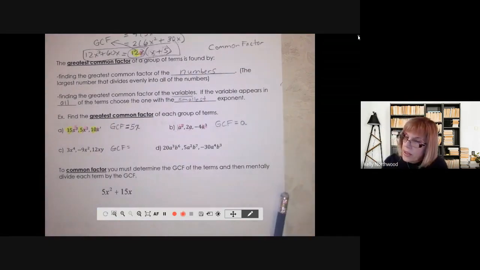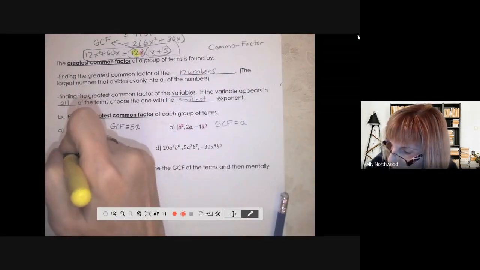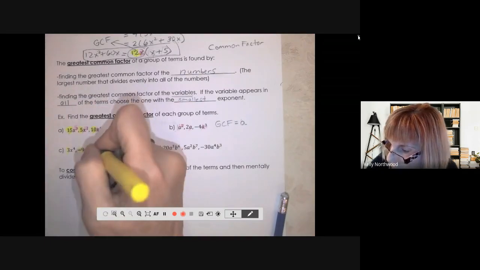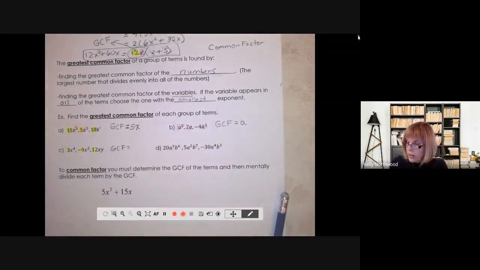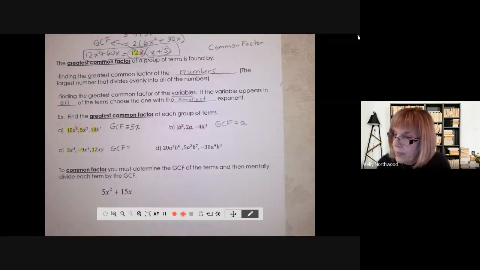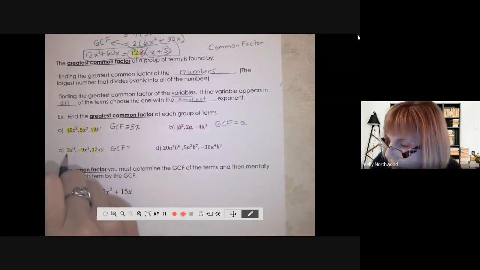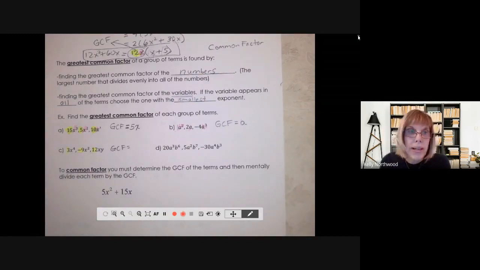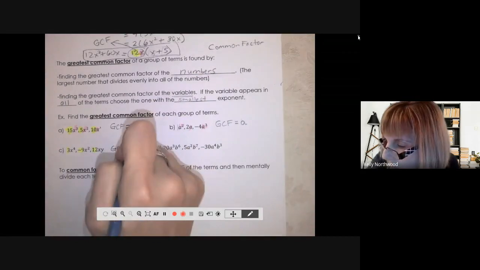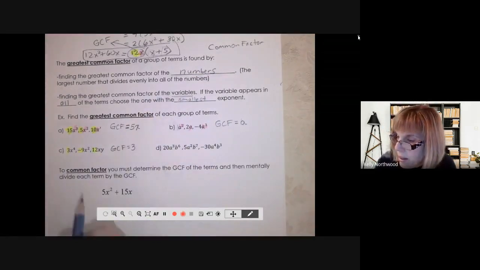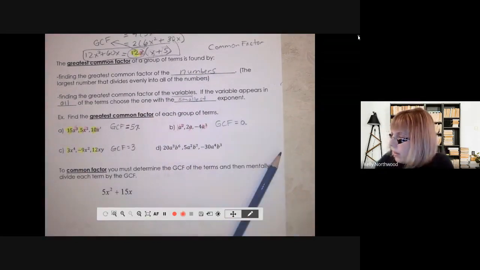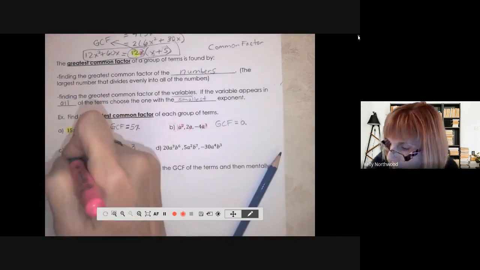Okay, so for the next one, to figure out the greatest common factor, you look at the three numbers and figure out the largest number that goes evenly into all three, and that's going to be 3. Then I'm going to look at the x's first.